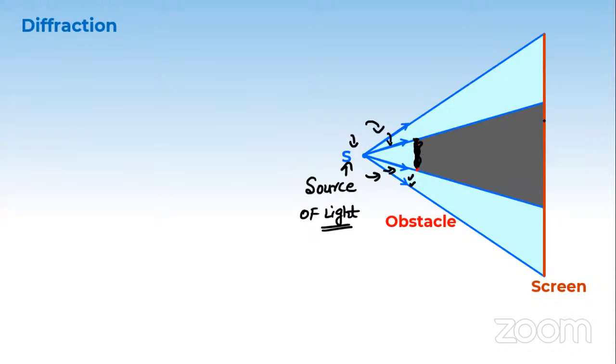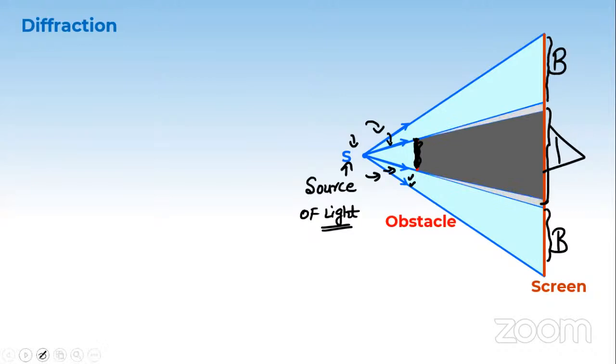Due to this, there is a dark spot in the middle part, and these parts are brighter. I'm writing B. These parts are brighter, B, and this is a big dark region here. This XY is a region of diffraction.